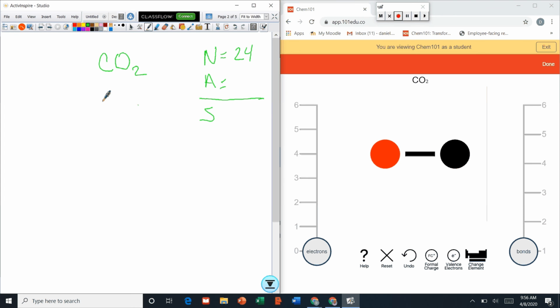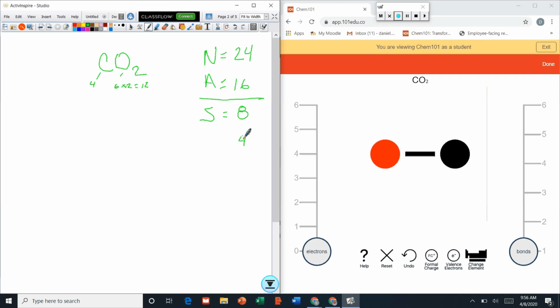So what we need to actually look at is how many electrons we have available. Carbon has 4, and each oxygen has 6. And there are 2 oxygens there. So we have 12 plus 4 is 16. 24 minus 16 gives us that there are 8 electrons shared. Now, if I'm sharing the electrons, I'm going to share them in pairs.